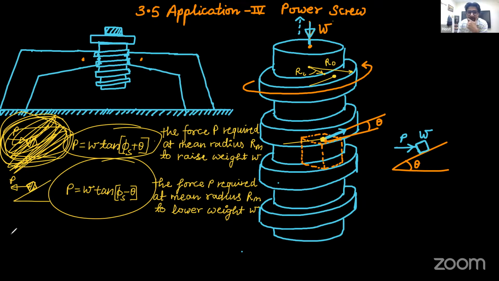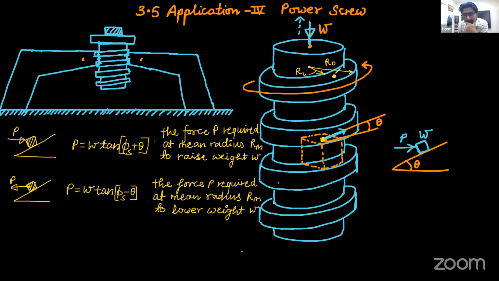For that 3D problem, my dear friends, we have to assume the whole weight to be concentrated somewhere, and we assume it at the mean of Ri and Ro. Okay, so that's how Rm comes into the picture.